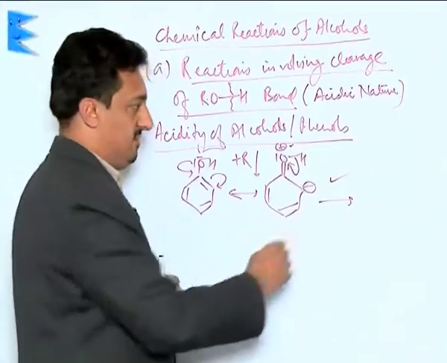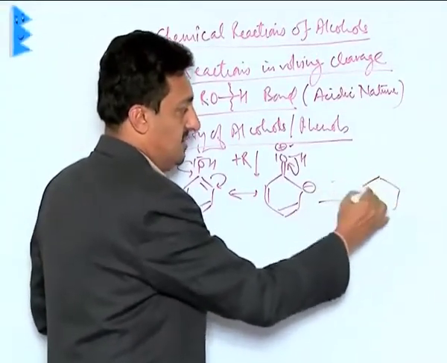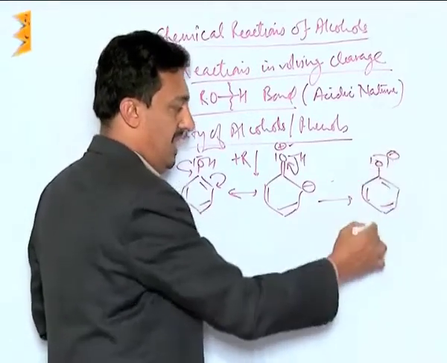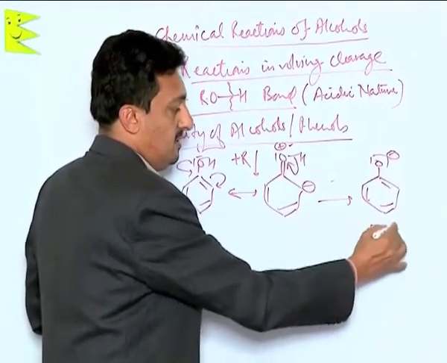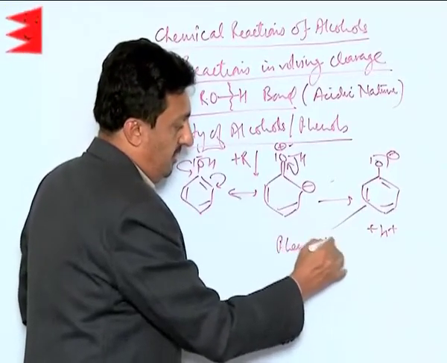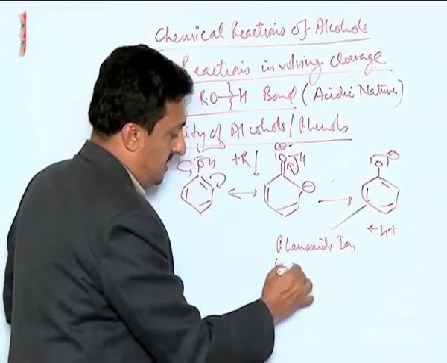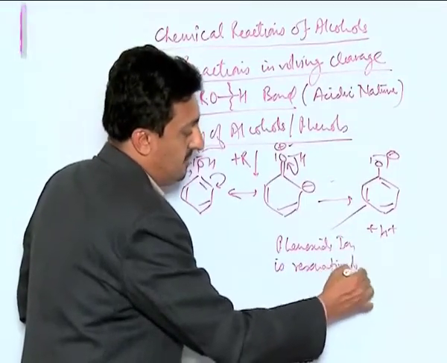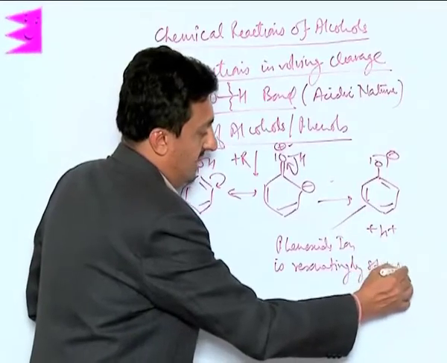There is one more reason. Because of this, the conjugate base which we get is called phenoxide ion. So this phenoxide ion is resonance stabilized.